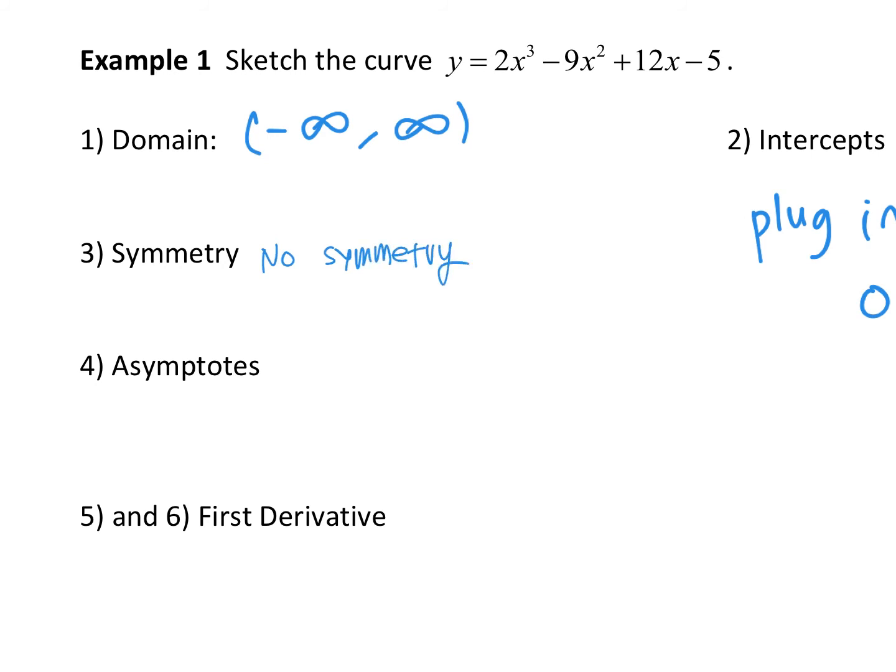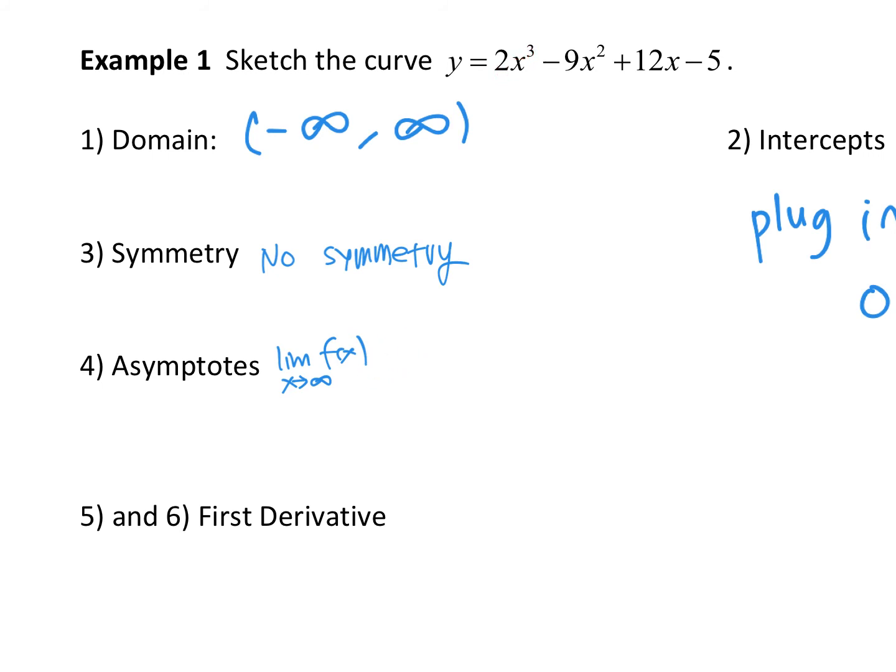Asymptotes. For a horizontal asymptote, we have to take the limit as x goes to infinity. So let's see, the limit as x goes to infinity of 2x cubed, let's just call it f of x. It's just a polynomial, so it goes to infinity. It's not a particular number.